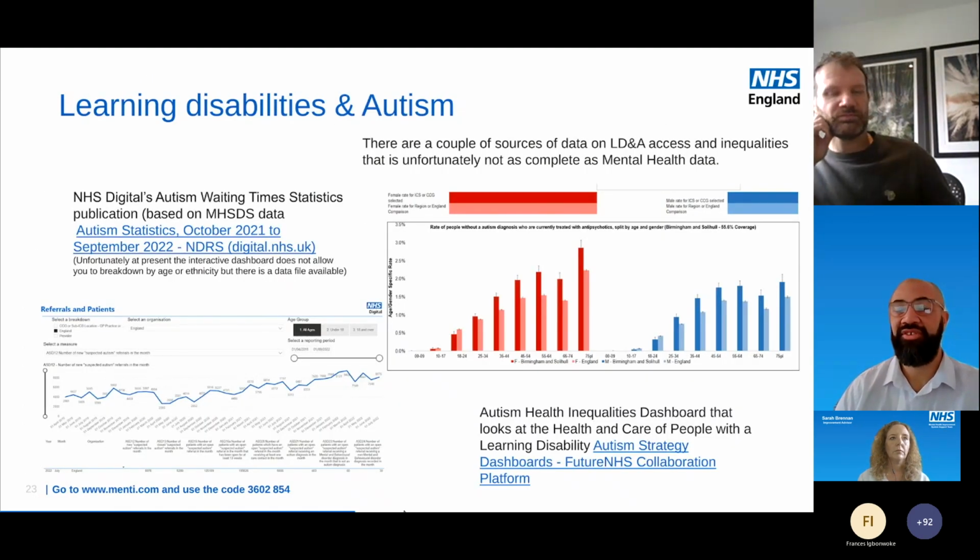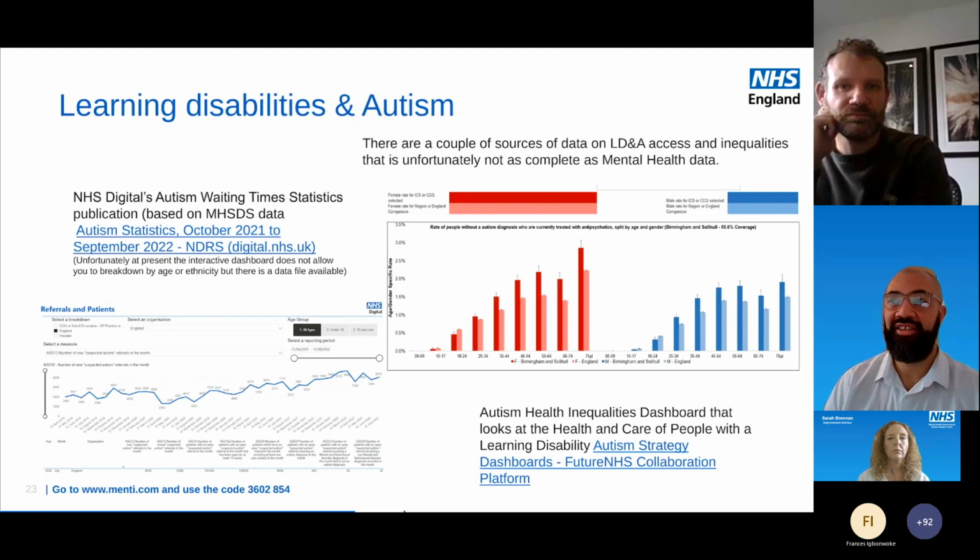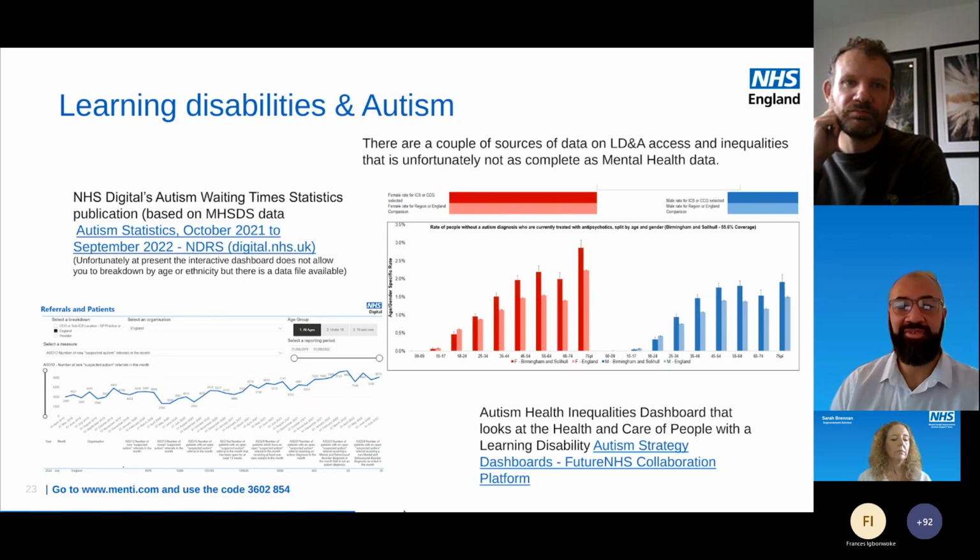And lastly, we've just got some data with access on learning disabilities. So I wanted to include this because obviously some of these providers will provide learning disabilities as well as mental health services. So on the left-hand side, you've got the autism waiting time statistics publication.